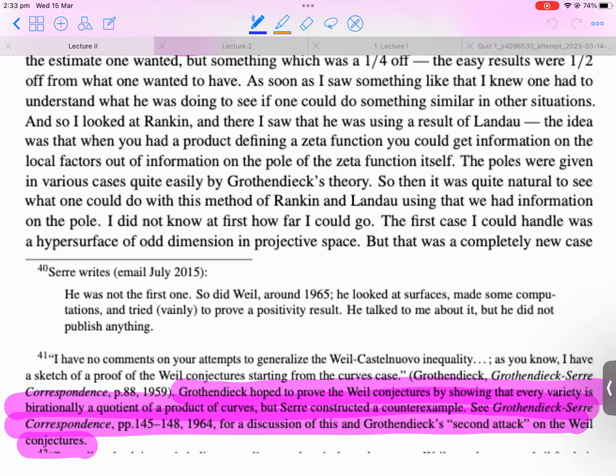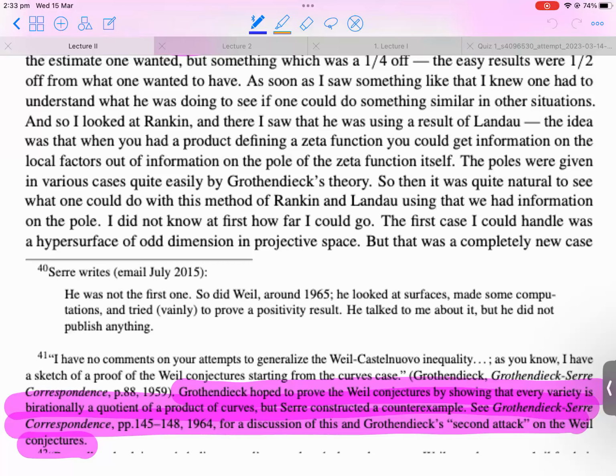See the Grothendieck-Serre correspondence. I actually have this copy of the Grothendieck-Serre correspondence, a book published by the AMS which has all of their letters. It's incredible how they did math, very different from how most people do math. Basically, Grothendieck never read any references. He just tried to create everything from first principles.